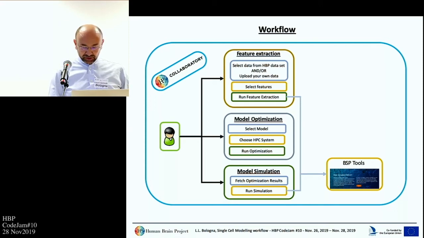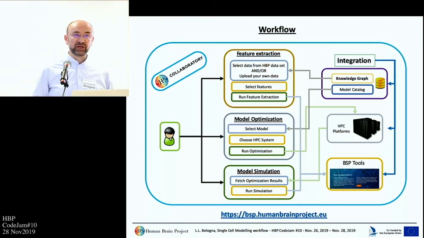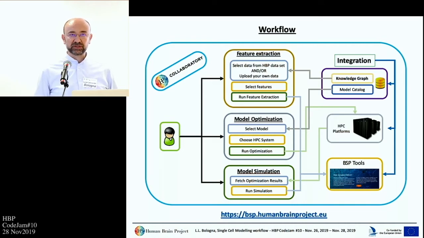So this is what basically we call the integration part. So we have our web application, which is an interface to provide all these steps and operations to the users, and we integrate with tools, platforms, systems that are doing their job elsewhere, but we try to perform the operation in such a way that this integration is seamless.